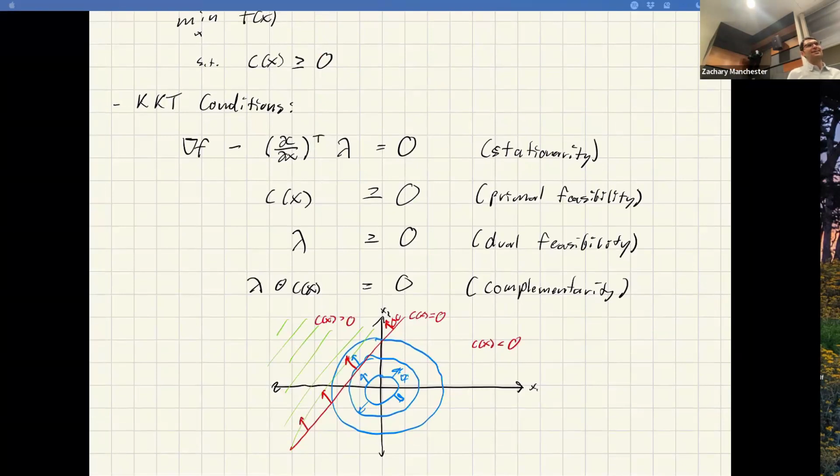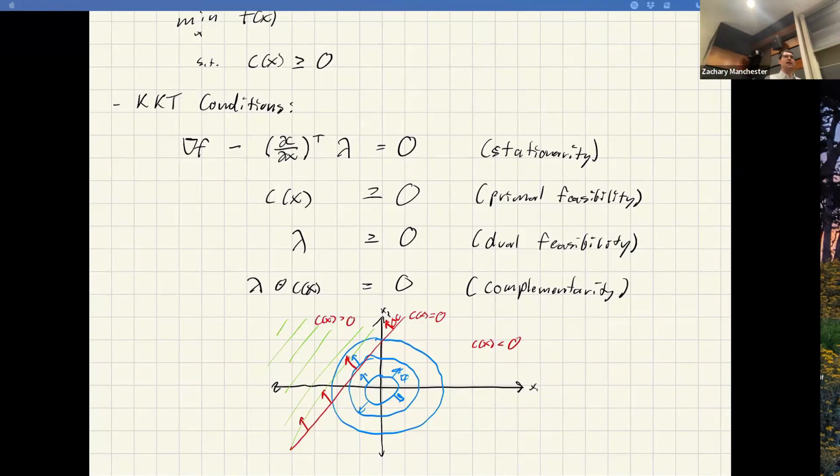You'll end up on the line for sure. So if you're on the line because you enforce it as an equality, but you shouldn't have been on the line, you should have been in the feasible region, what does that correspond to in terms of lambda? Lambda will be negative. It'll have the wrong sign.